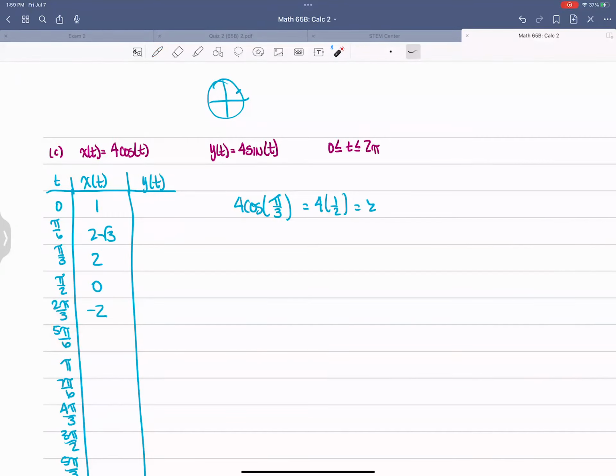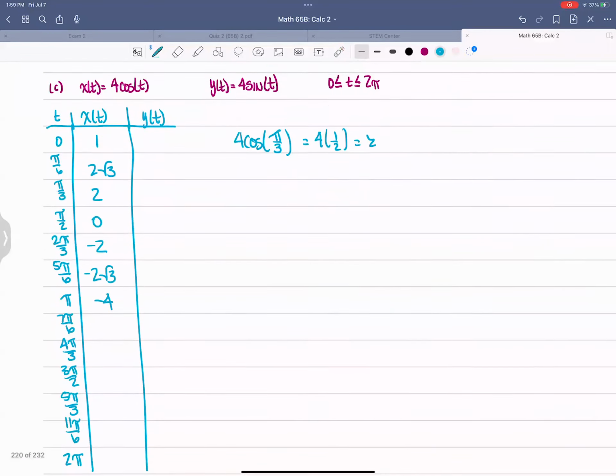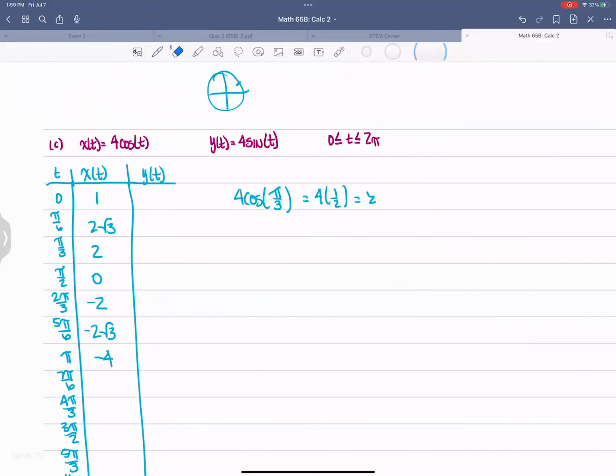Cosine of 5 pi over 6 is over here, which gives us a negative root 3 over 2, which is negative 2 root 3. Pi over here is going to be negative 1, so making this negative 4.